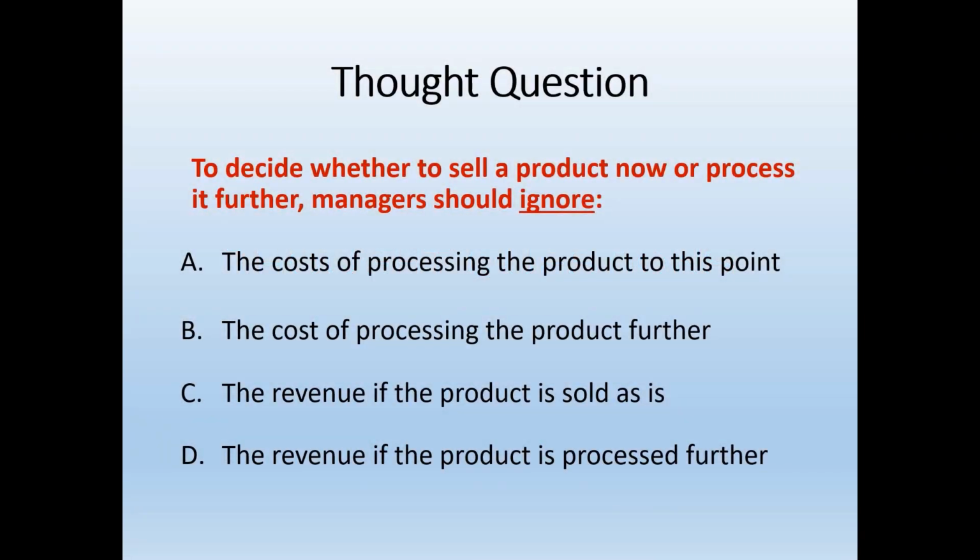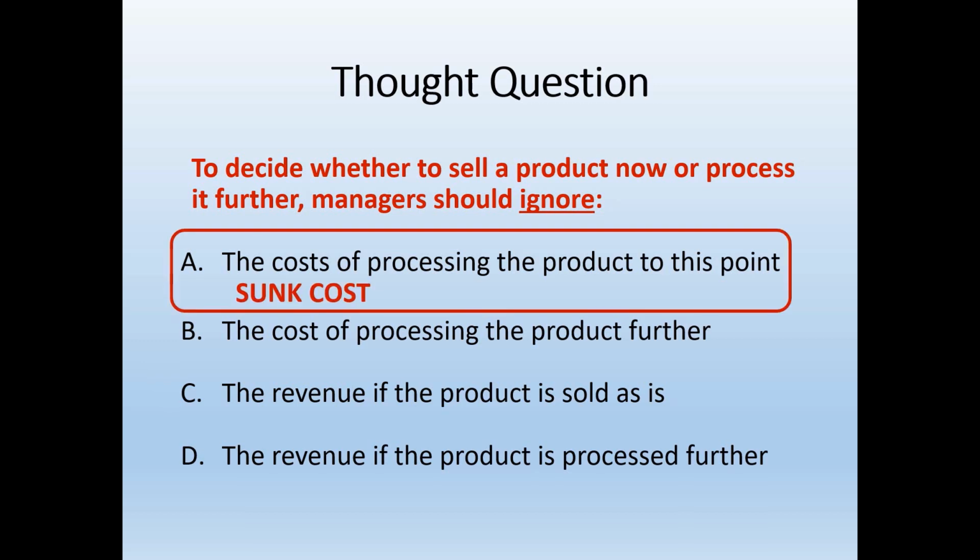When managers are trying to decide whether to sell a product now at some intermediate point or process it further, which of these can the managers ignore? That's right.